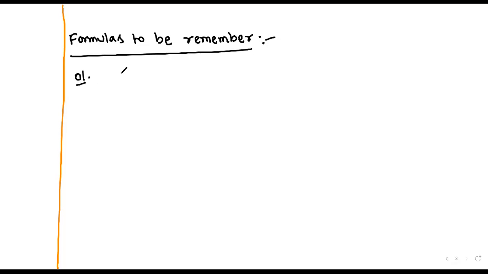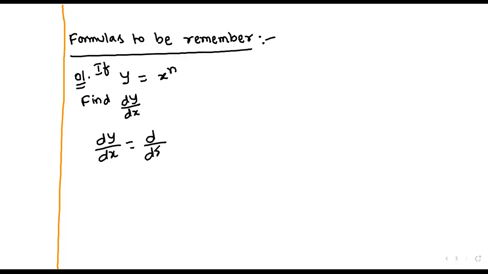First one: if y is equal to x power n, then I need to find dy by dx. That is, dy by dx means, I already know y is x power n, so instead of y, I am writing d by dx of x power n.